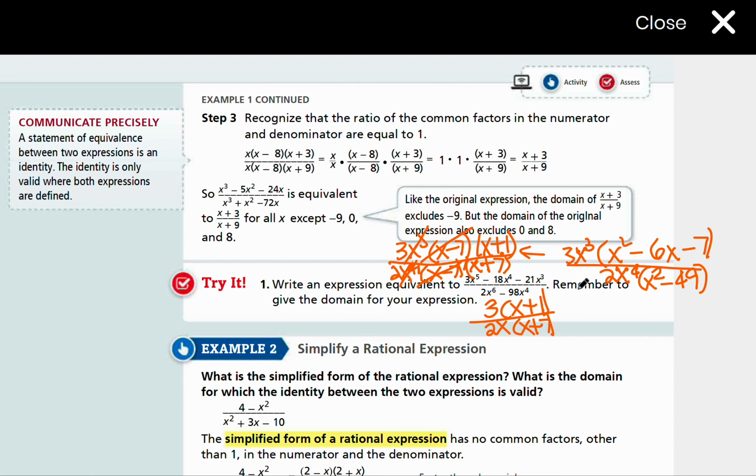And then your domain should be the same as the original restrictions, right? So the domain is for all x except 0, -7, and 7. So your original restriction stays, right? So all x except 0, -7, and 7 is your domain.